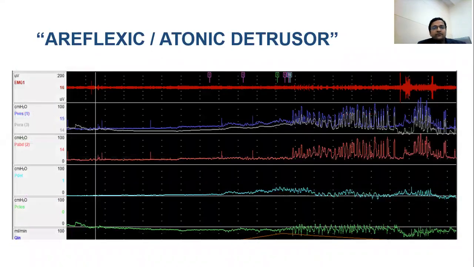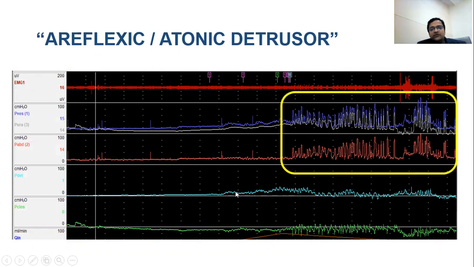Now coming to the second scenario. In this, you see there is a flat line during infilling. Here, the voiding command was given, and the patient is able to generate a small amount of detrusor contraction, but the patient is then trying to void by straining.